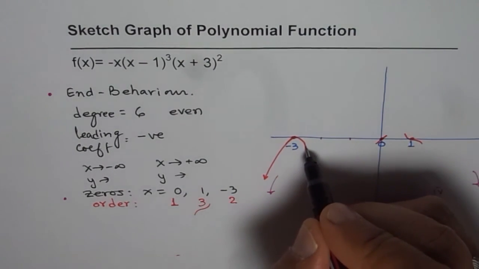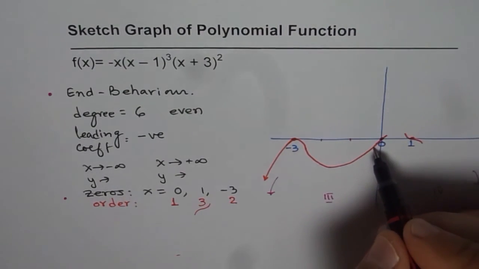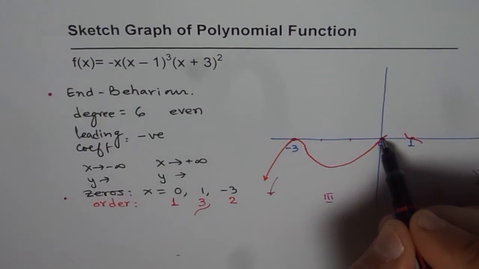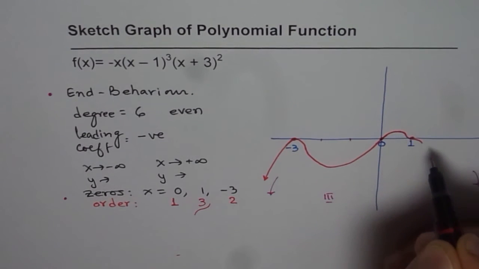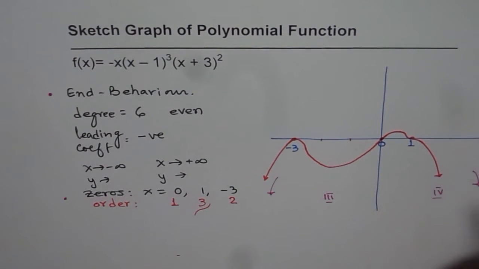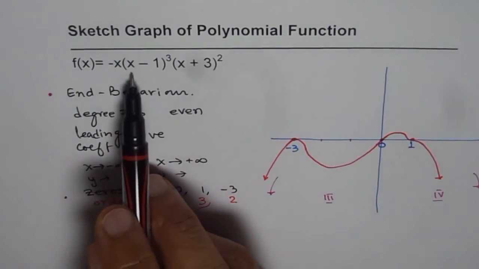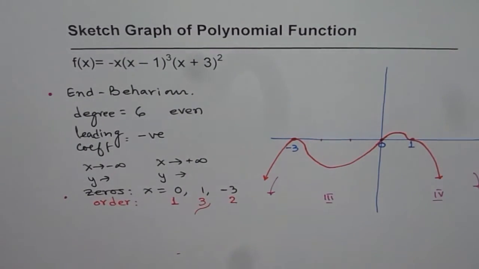Here we'll take it up from here and connect it with this line. Then it crosses like a line and has to turn back to come back to the 0, and then here it will go like this. That's it. So what we get here is the graph of f(x) = -x(x - 1)^3(x + 3)^2.